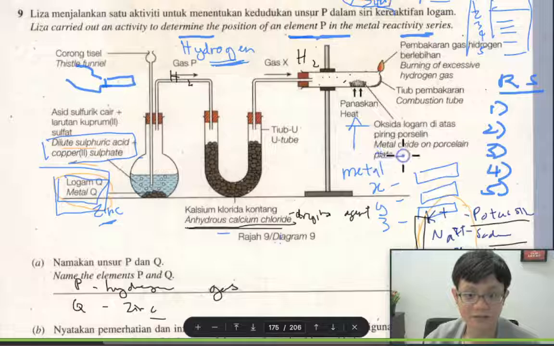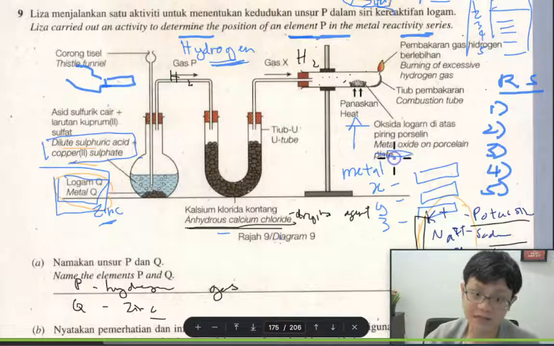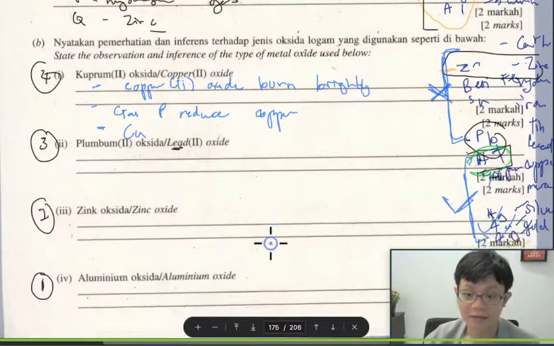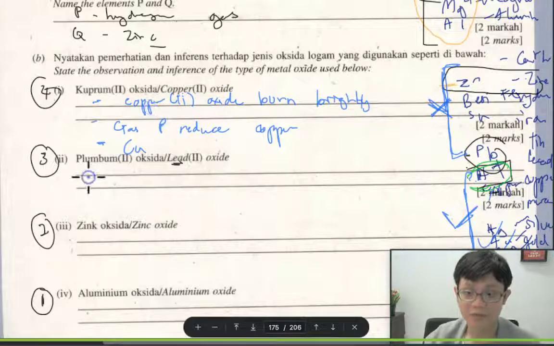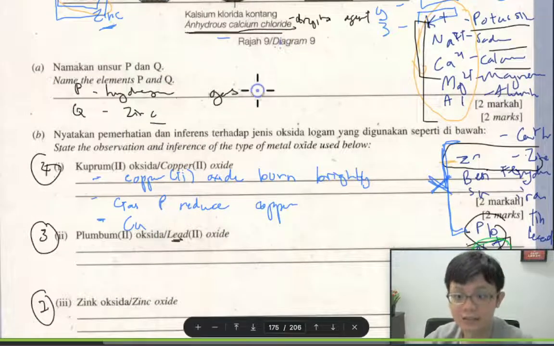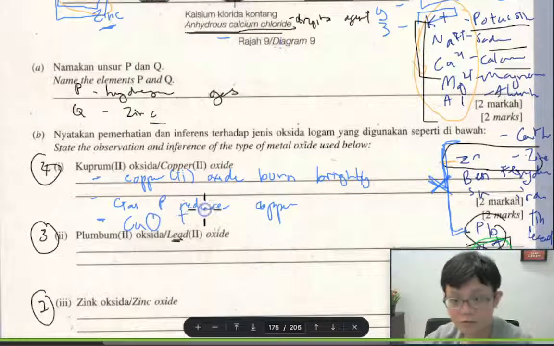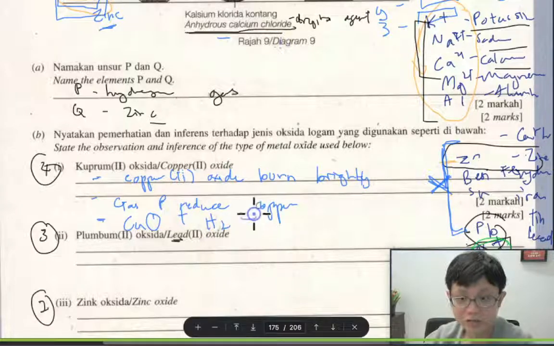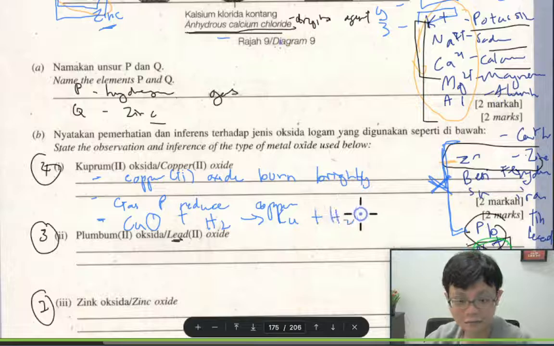The question already says metal oxide, so it could be copper oxide, lead oxide, zinc oxide, aluminum oxide, so they use 4 metals to test. So if you have copper oxide CuO plus hydrogen gas H2, eventually you will get copper plus water.